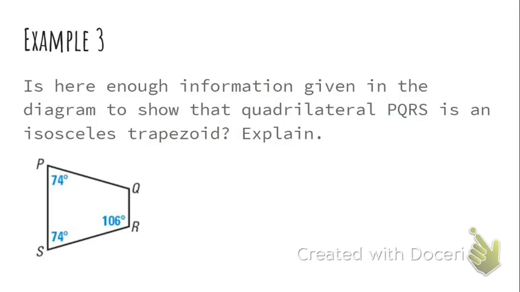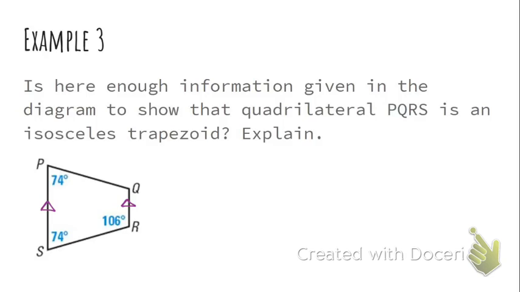Okay, so one thing we do know is that PS and QR definitely are parallel to each other because these consecutive interior angles are supplementary. Those would add up to 180. So we do know that it's a trapezoid for sure.